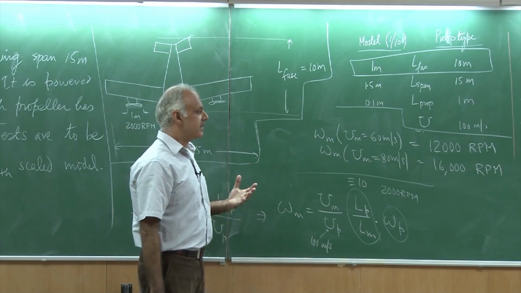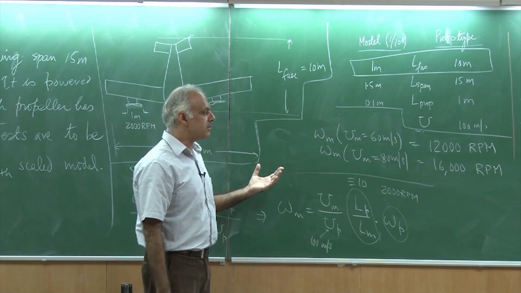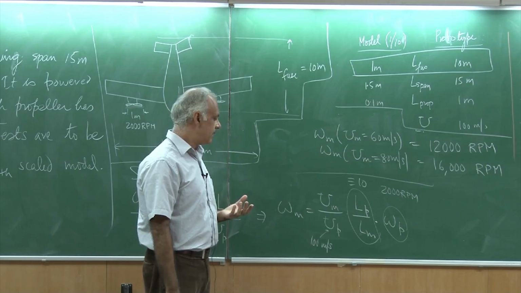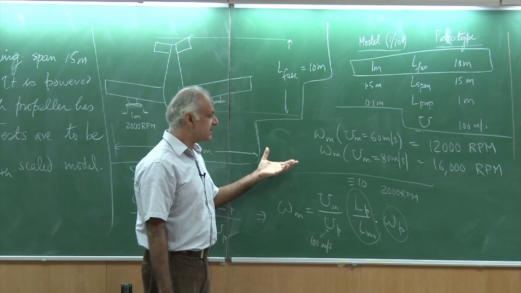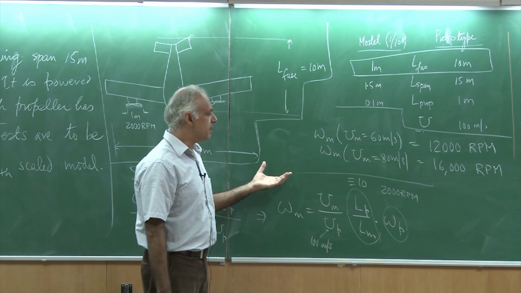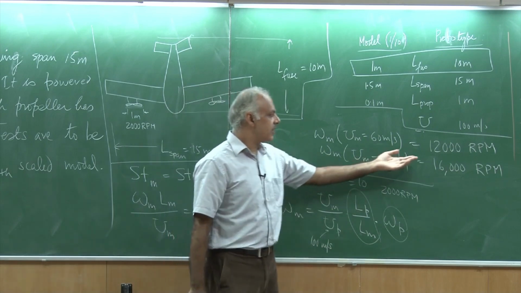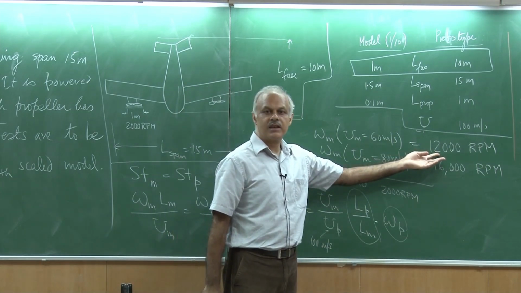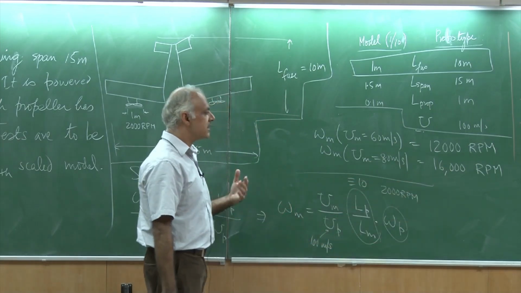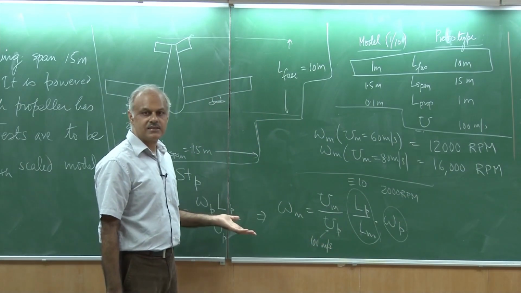So, imagine for the prototype my propeller was spinning at 2000 rpm, but now when I put this in a scaled manner inside the wind tunnel, I will have to spin it at this humongous rotation rate, 12,000, 16,000 rpm, and it has to change with the speed of the test.